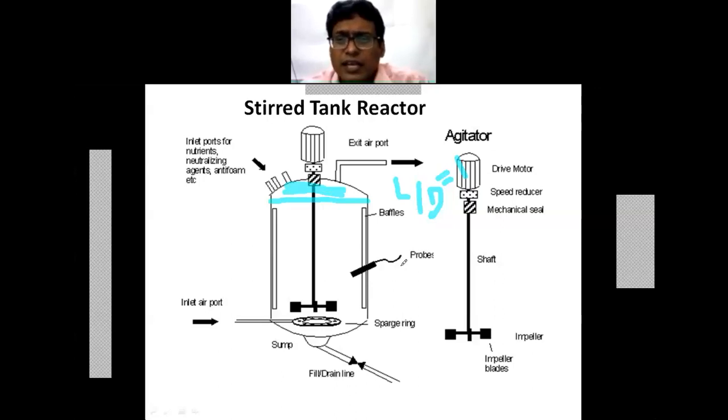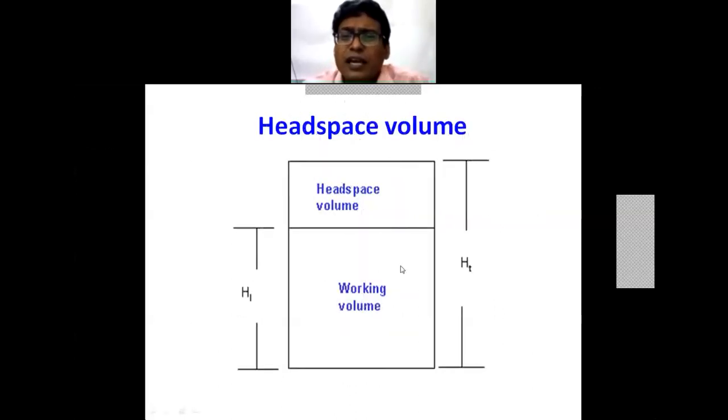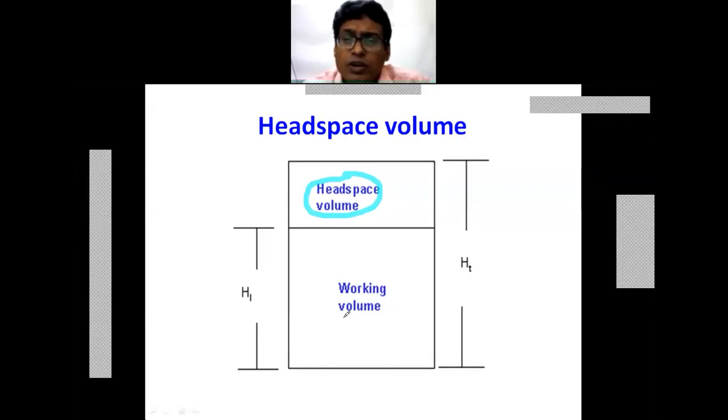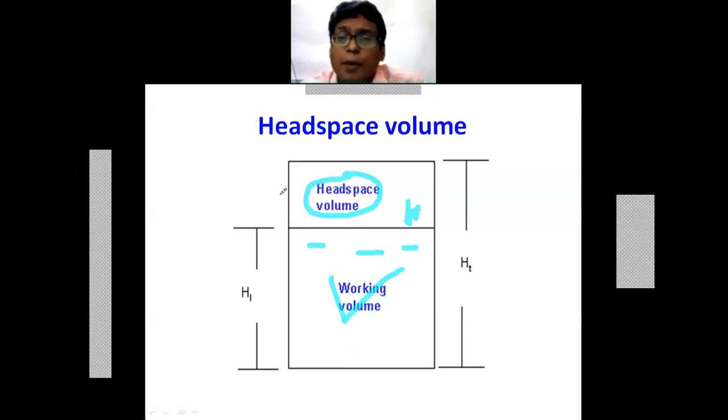So that the liquid which is getting vaporized, to accommodate the vapors, I am providing this head space. It is called the head space. Up to this height the liquid will be there, but above that the vapors will be there. How much head space should be provided depends on the temperature.